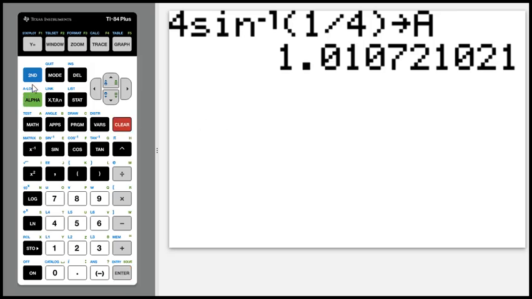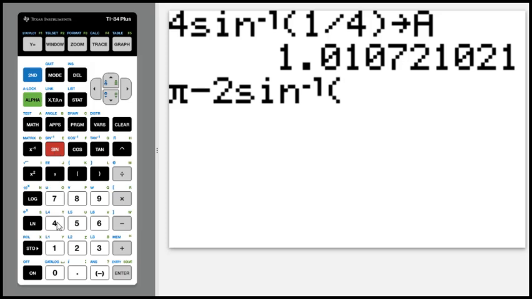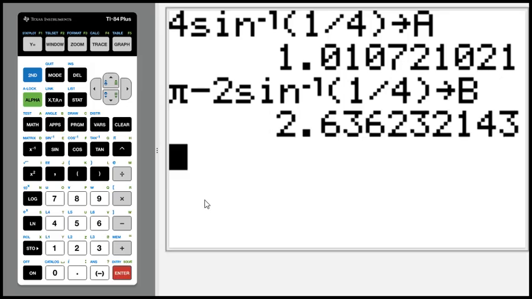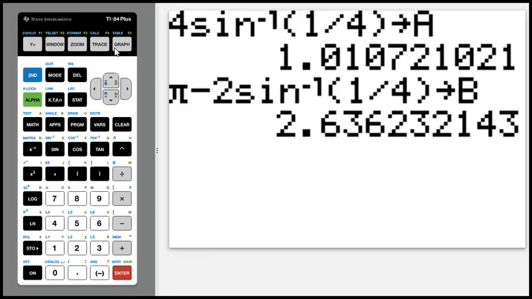And for the B, we know that is pi minus 2 times inverse sine of 1 divided by 4. Then we will store this to alpha B, enter. In your mind, you need to remember this A is alpha, B is theta.